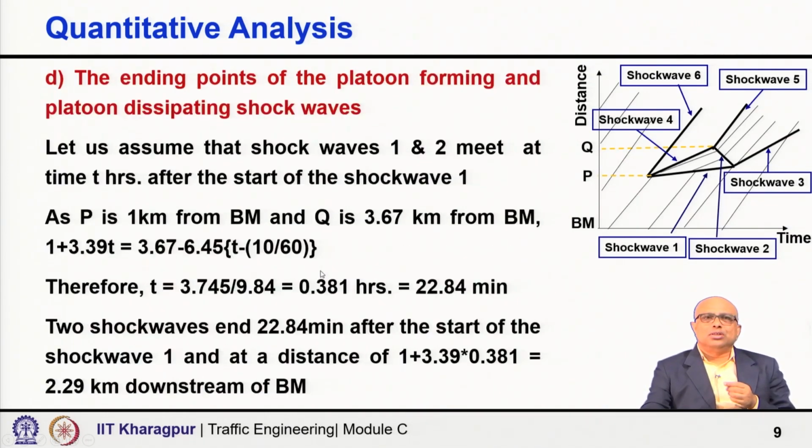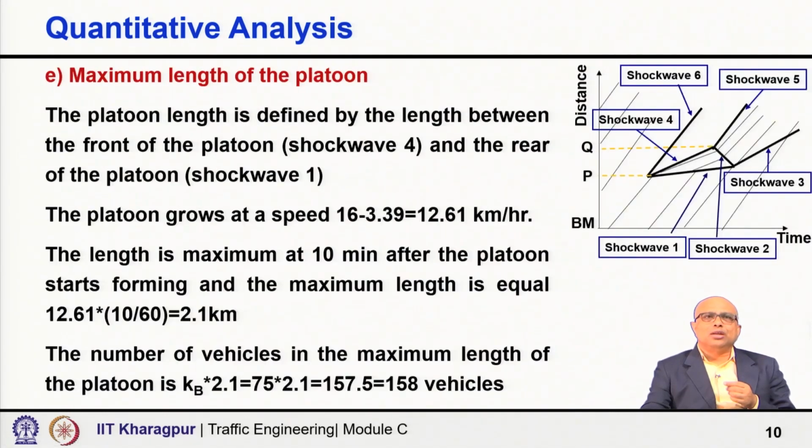Now, next is calculate the maximum length of the platoon. The platoon length is defined by the length between the front of the platoon, that is shock wave 4, and the rear of the platoon, that is shock wave 1.